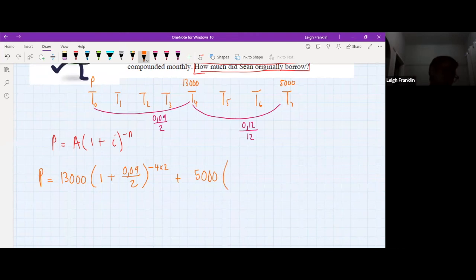Now, this earned interest at this one over here, from T4 to T7. So 1 plus 0.12 over 12. That was for 3 years, so this is going to be to the -3 times 12.